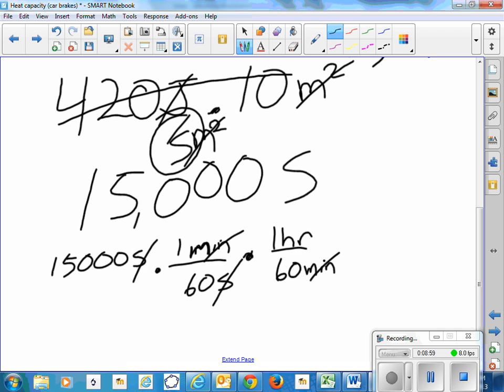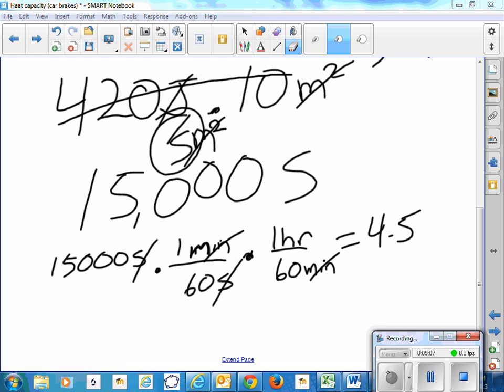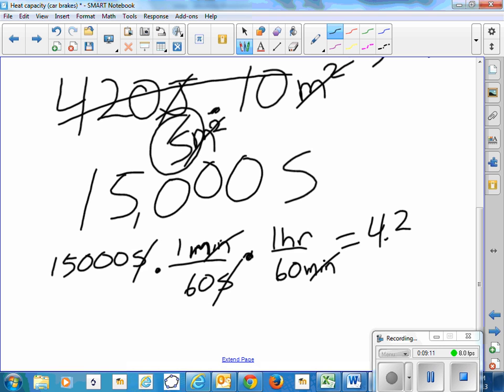So we divide by 60 twice. That gives us 4.2 hours. So it will take about 4.2 hours to heat a half a cubic meter of water 30 degrees.